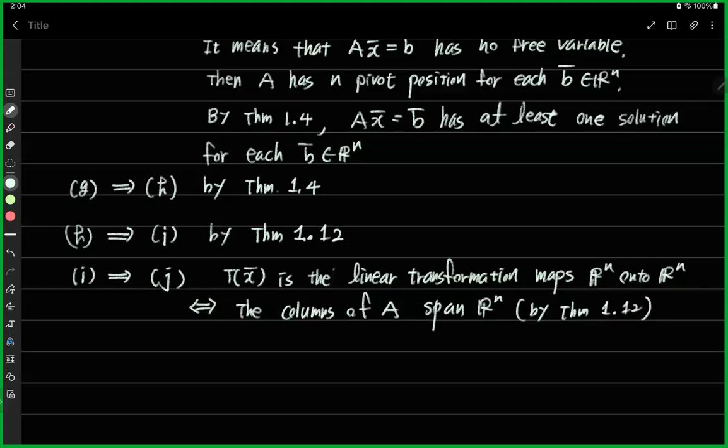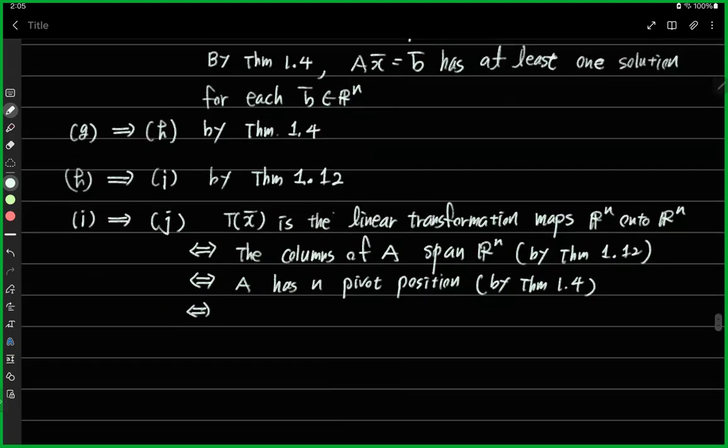This is equivalent to A having n pivot positions, by theorem 1.4. Since A has n pivot positions, A is row equivalent to I.